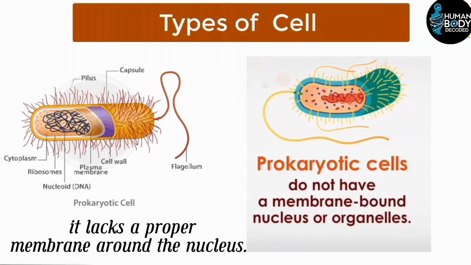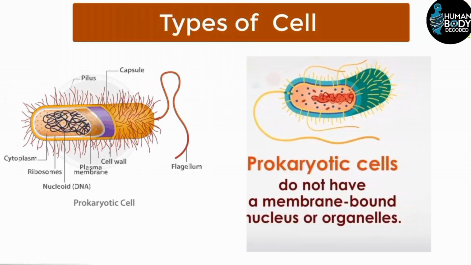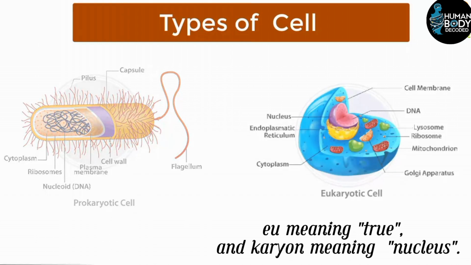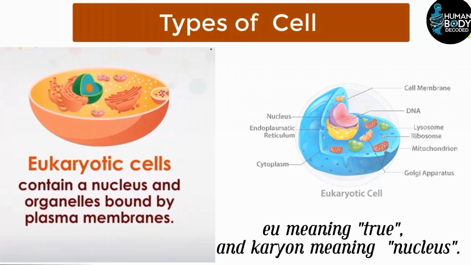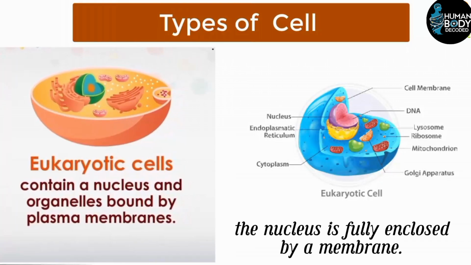Its genetic material, DNA, is scattered and not confined. On the other hand, eukaryotic is also made up of two words, eu, meaning true, and karyon, meaning nucleus. A eukaryotic cell has a true nucleus, meaning the nucleus is fully enclosed by a membrane.